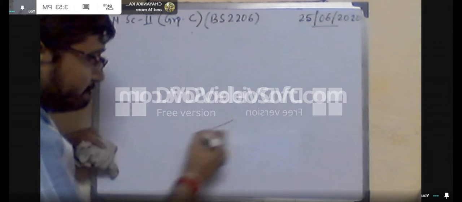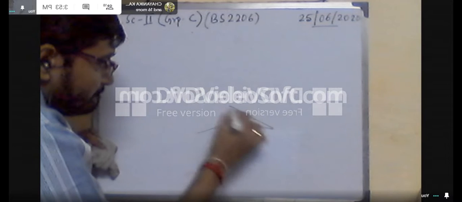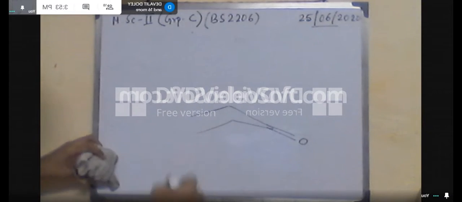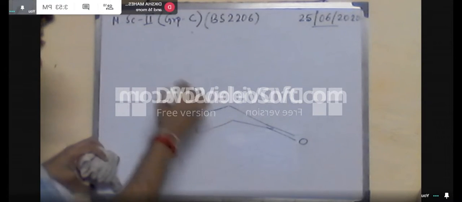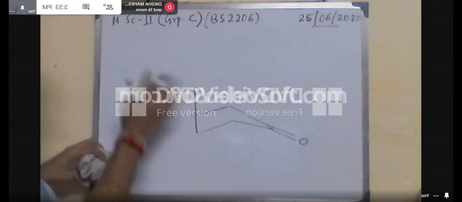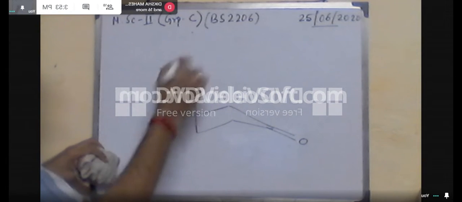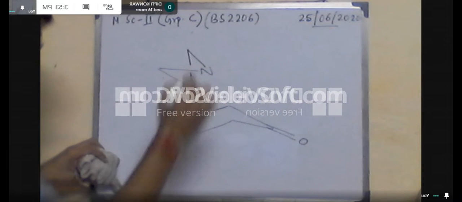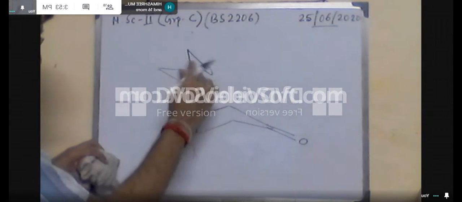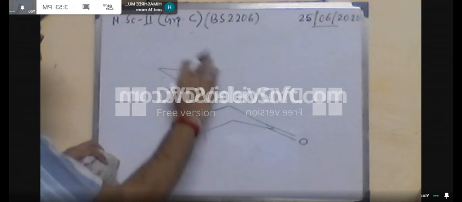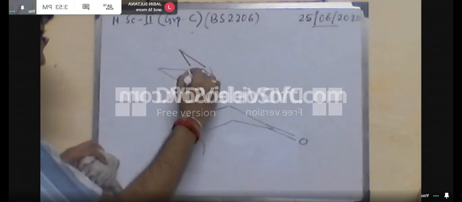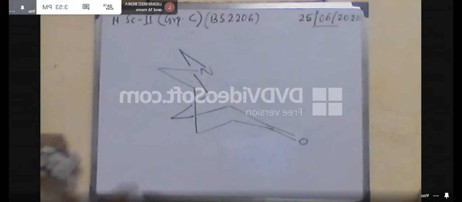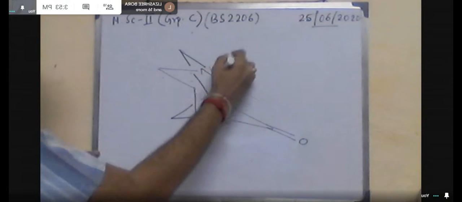Here you can see the ring was a 10-membered ring. If I do the numbering: 1, 2, 3, 4, 5, 6, 7, 8, 9, 10. So in the XRD pattern, by the XRD diffractometer, the approach of the nucleophilic attack to this electrophilic center was found like this.